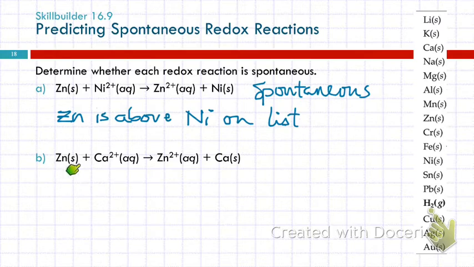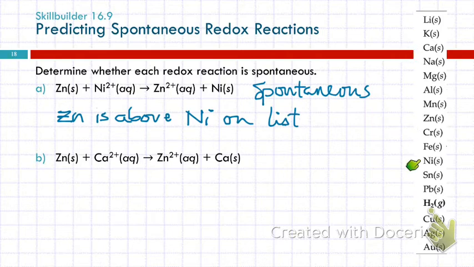What if we have zinc and calcium? The one with the charge is the one that has the girl. Okay, he's excited, he's charged up, I've got the girl, right? So here's zinc, no girl, calcium has the girl. Is zinc cool enough? Macho enough to take the girl? No. Here's zinc. Calcium is much higher on that list.